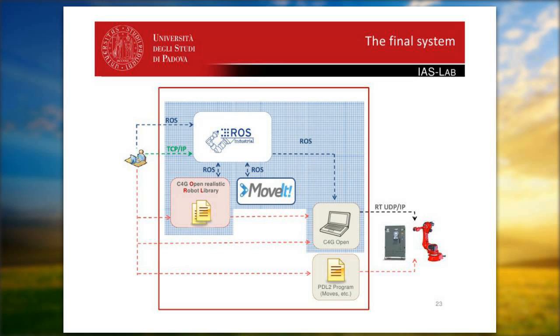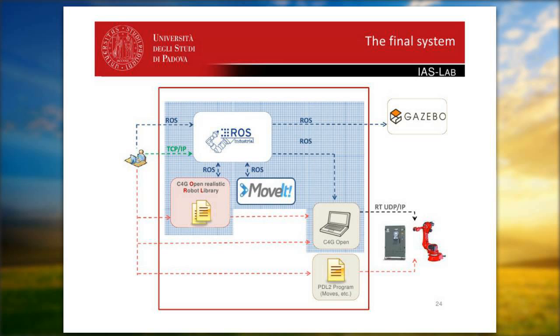Moreover, we wanted to give the possibility also to non-ROS compliant systems to use this interface. This is why we developed a TCP/IP connection, which lets a user framework interface with this system through a very common and flexible connection.